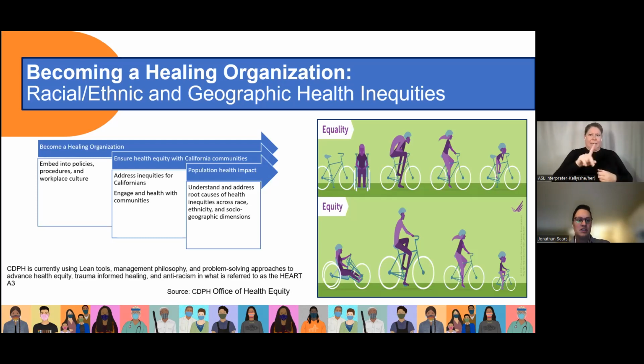In future phases, after we're looking internally, we're going to be working to apply these same principles and practices with a view of improving population health outcomes and reducing health inequities. Next slide.